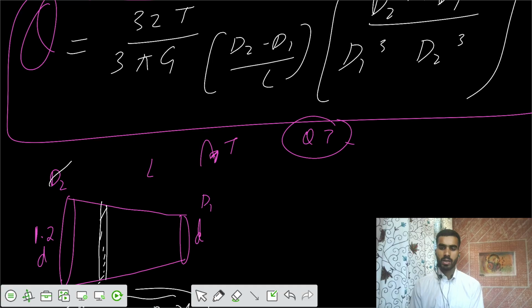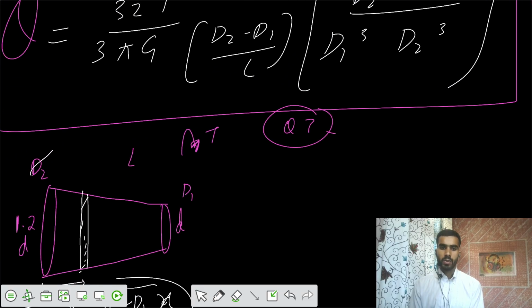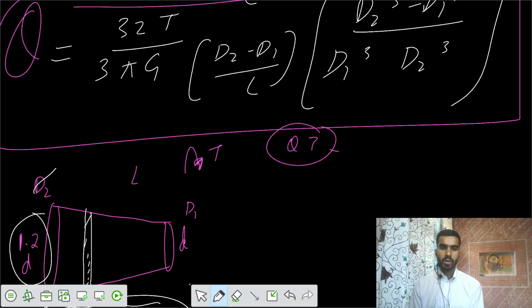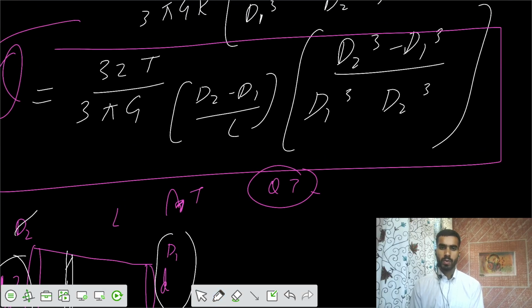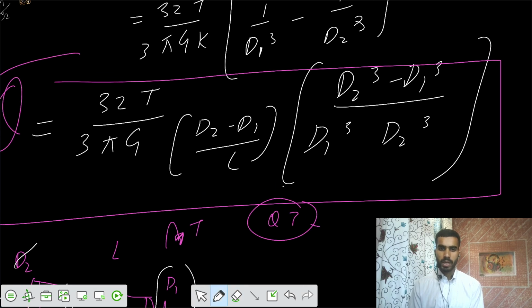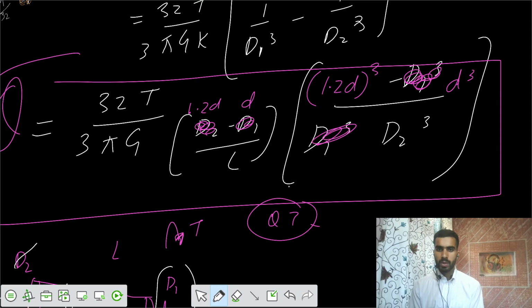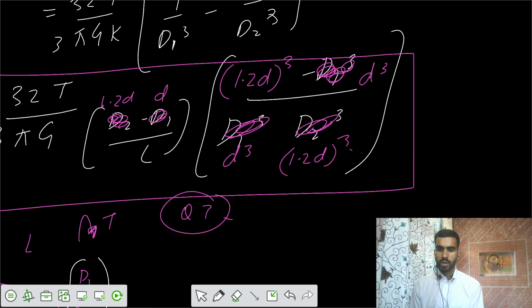If I use that equation now for this problem, your d2 equals 1.2 d and your small d1 equals d. Similarly your d2 cube would be 1.2 d whole cube, and d1 cube equals d cube, and you solve it, and you get a value.